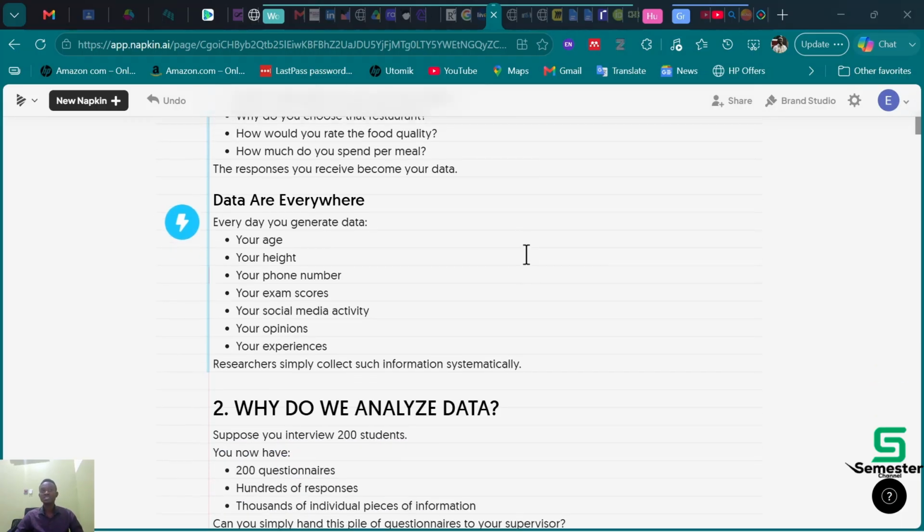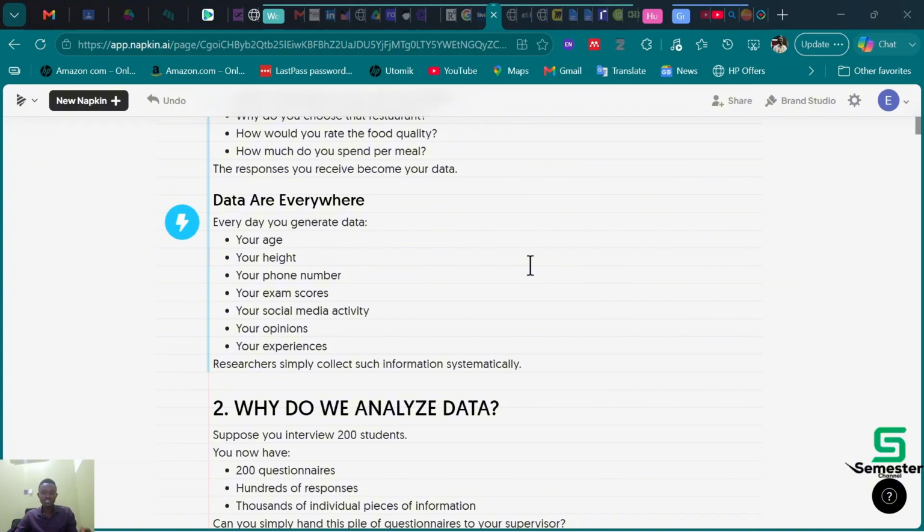Now, data is everywhere. Data is very ubiquitous, just like pathogens are everywhere. All right, everything you do, you are generating data. Your age is data. It's an information about you, your height, your phone number, the scores from your exam, your social media activity. That is how come when you go onto any social media platform, the moment you watch a particular kind of theme, the algorithm of that platform will then be giving you similar information.